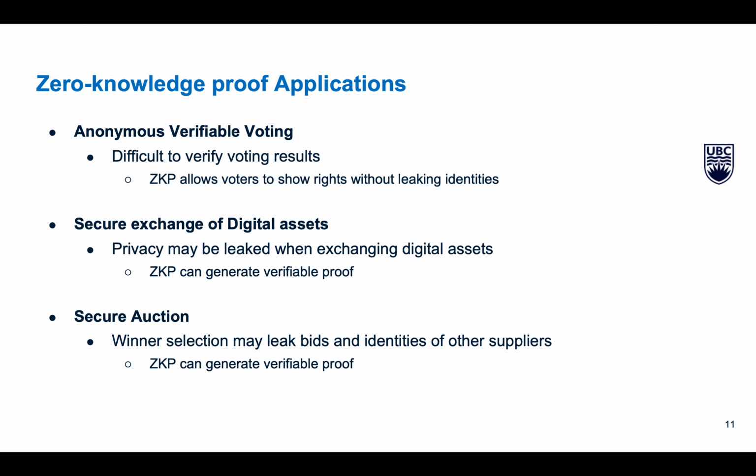Voting is essential to guarantee democracy in countries and companies. However, the privacy of voters may be leaked during the process of voting, and the voting results are difficult to verify securely. So ZKP is an available approach to this problem, because ZKP allows voters to show rights without leaking identities.